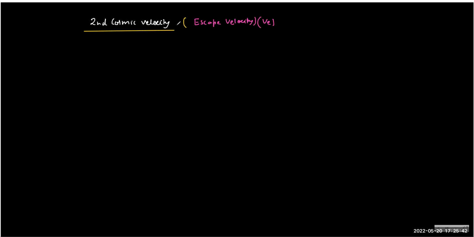Okay. So we'll try to understand the meaning of escape. Let's say this is the sun. If I take Earth as the satellite, because that we can assume, then for the sun, Earth is like a satellite, isn't it? Yes, sir.